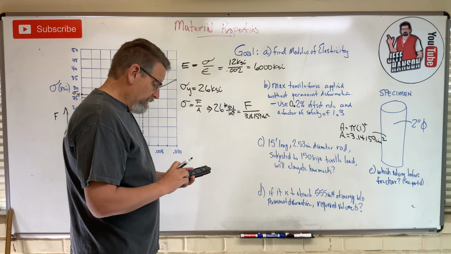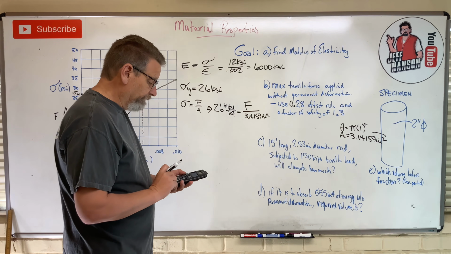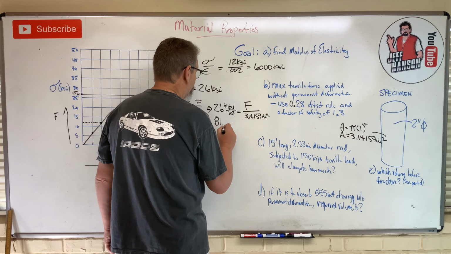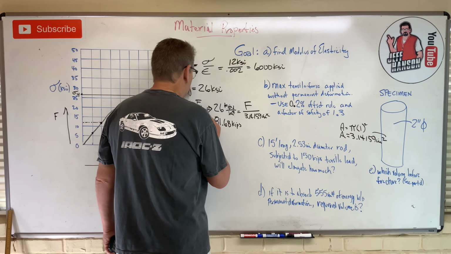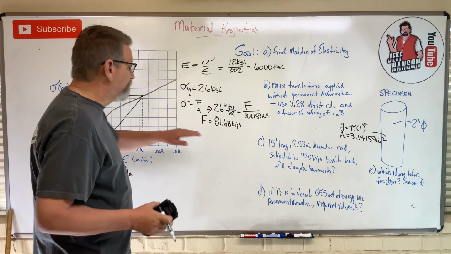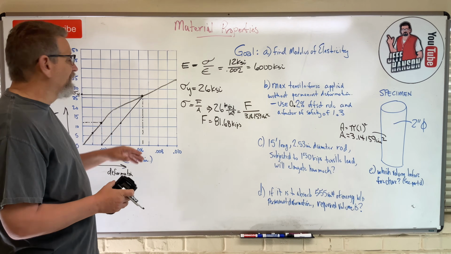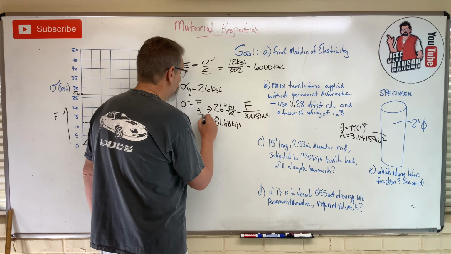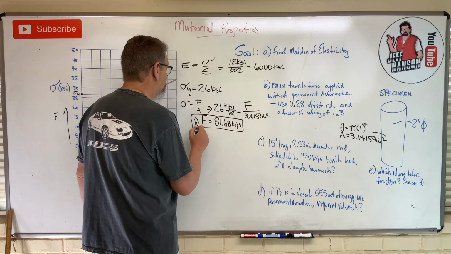So here we go. Clear. 26 times pi equals 81.68. Okay? So as long as I don't put more than 81.68 kips on that specimen, I'm not going to have permanent deformation. When I take the load off of it, it should go back to where it came from, right? So there's your answer for part B, okay?